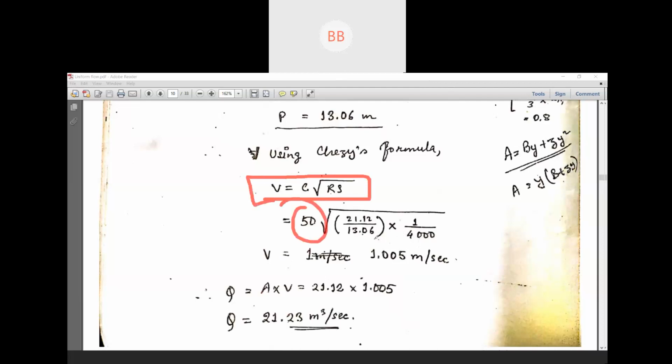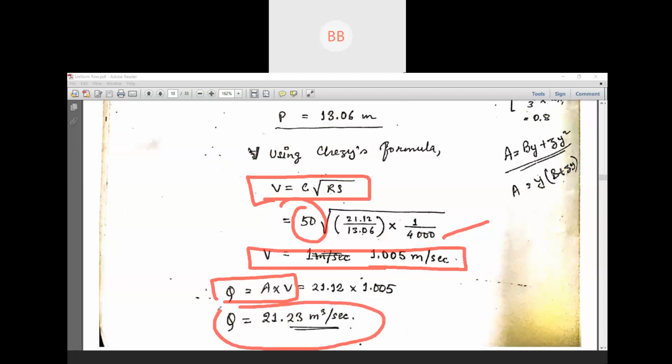Sedgwick's constant is given, R is nothing but A by P, and the slope is already given, 1 by 4,000. See, you are getting the velocity as 1 meter per second. And then you substitute in this equation and you can find out the discharge. Try to calculate and see whether you are getting the same value or not.